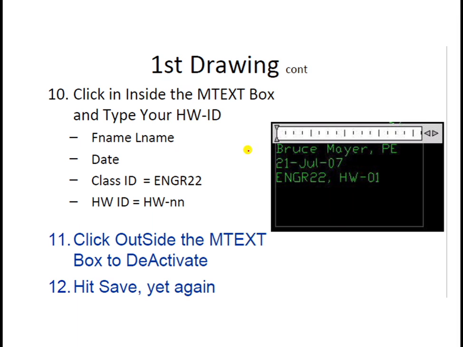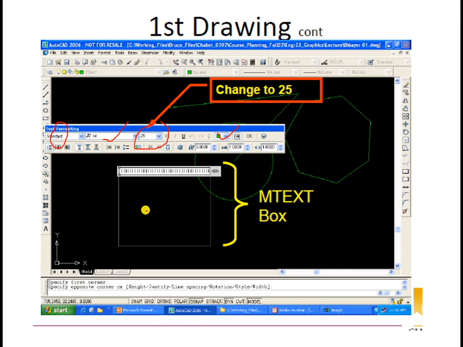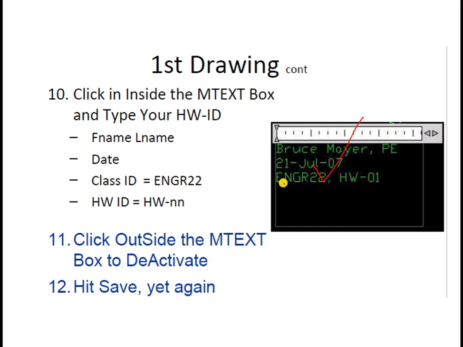Okay, so this has been typed here in the text box: Bruce Mayer, P 21st July 07 ENGR22 HW1. Everything has been typed here as far as file name, first name, last name, date, class ID, then HW, that is homework number. Clicking outside the box, it will appear like this.